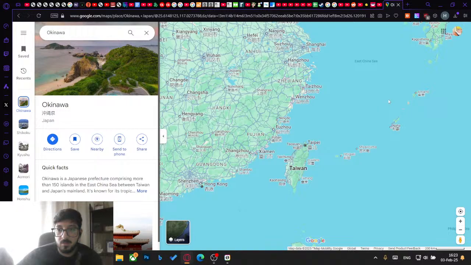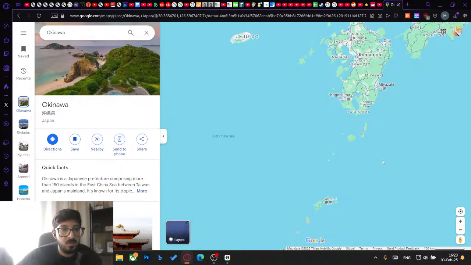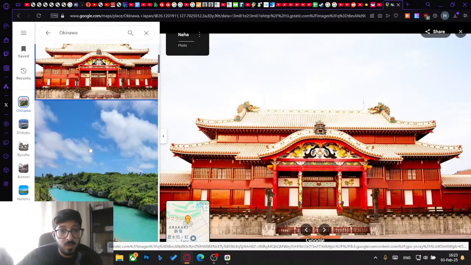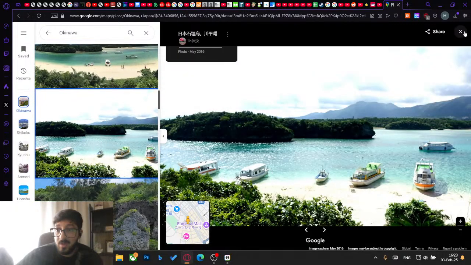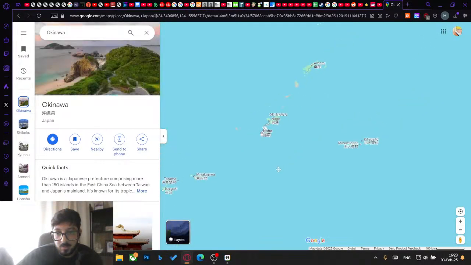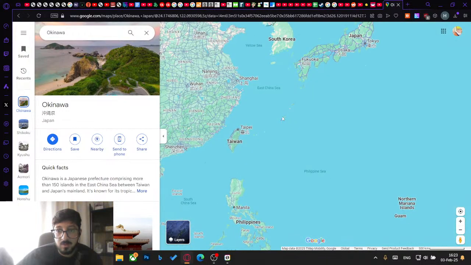Where is it? Which one is Okinawa? Oh, okay. Okinawa is an island. Wait, but where is it on here? Ah, there it is, Okinawa. This is Okinawa. So we start on a tropical island.